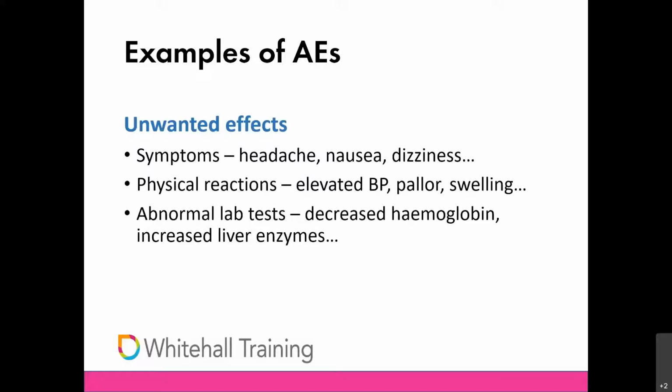Abnormal lab tests. Now, these might not be noticed by the patient themselves, but if for some reason they have these tests done, things like increased hemoglobin, decreased hemoglobin rather, increased liver enzymes, things like that could be detected. The other possibility is overdose.